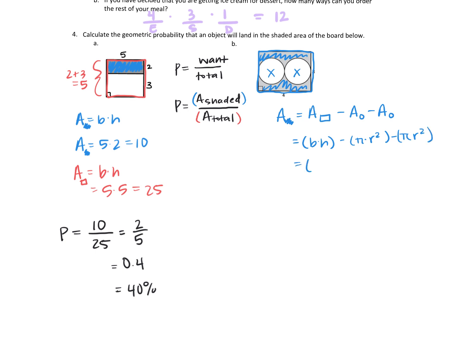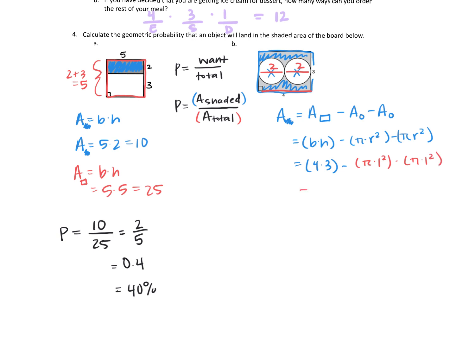So starting with the rectangle, base times height is going to be 4 times 3. I'm going to double check. Yep, 3. The radius of my circle, I have to be careful here. The length of this rectangle is 4, so that means the diameter of each circle is going to be 2, which means the radius of each circle is going to be 1.